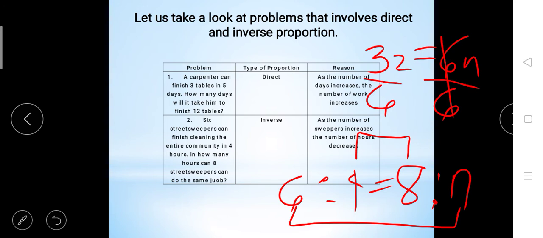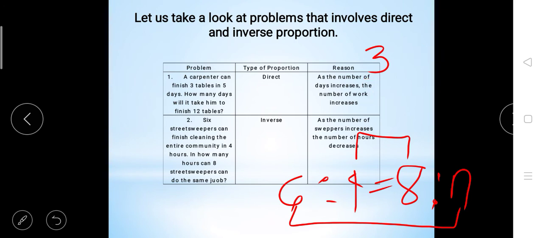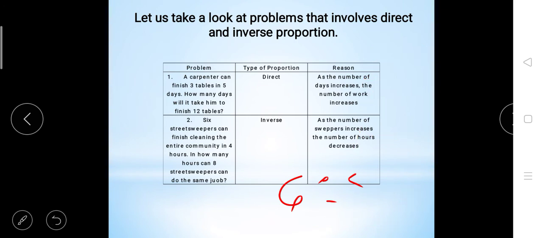So, instead of, ay sorry, mali ako ng partner. Sorry, grade 5 ah. This one is my fault. Mali ako na napag-partner. So, this one should be the less number of street sweepers.